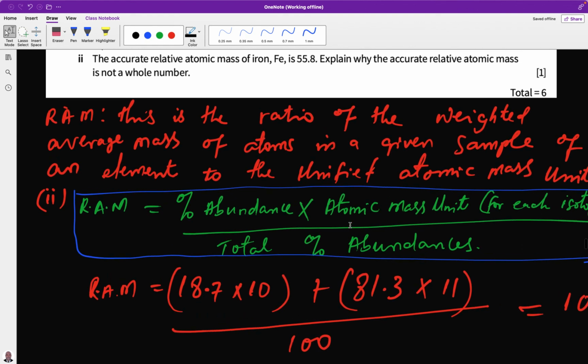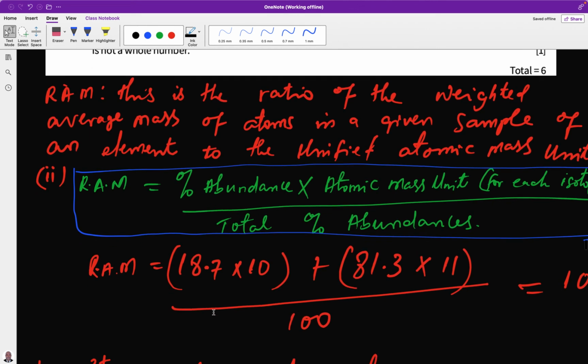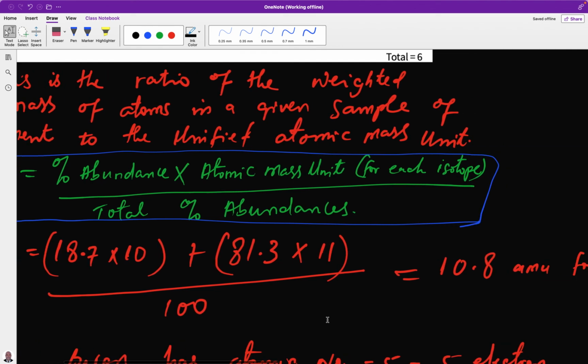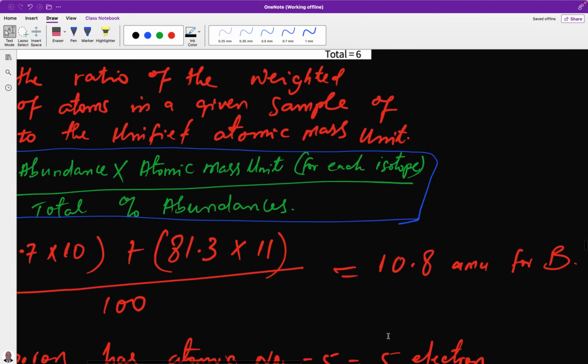So we multiplied 18.7 times 10 plus 81.3 times 11, divided by the total of the percentage. The total was 18.7 plus 81.3, which gives us 100. And when we divided it, we had 10.8. And the unit is atomic mass unit.